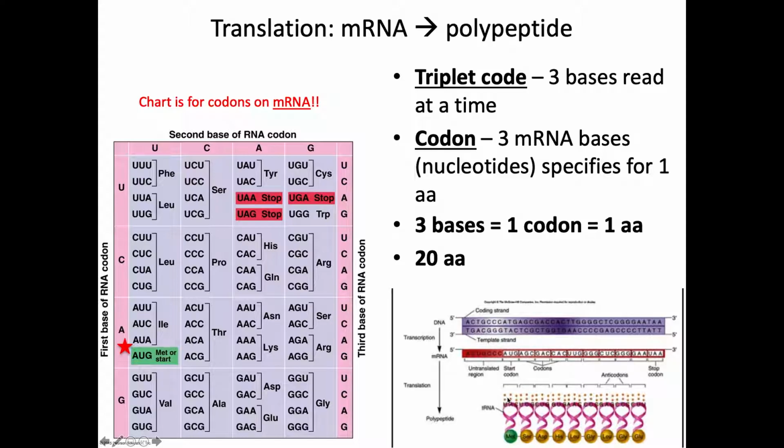So A will base pair with U, U will base pair with A, and G will base pair with C. This is how tRNA will recognize the codon so that it can bring the correct amino acid, so that we can have our correct amino acid sequence to make our correct protein.